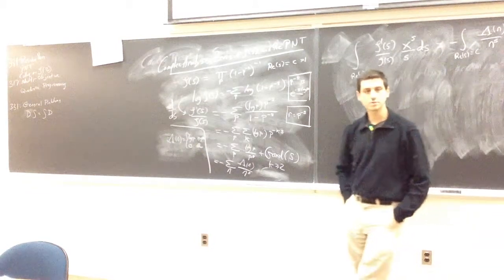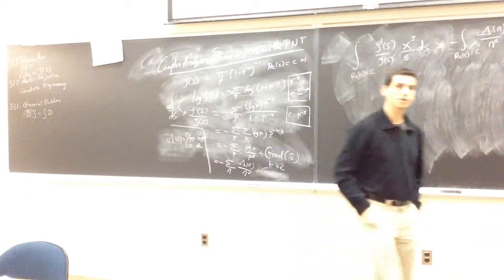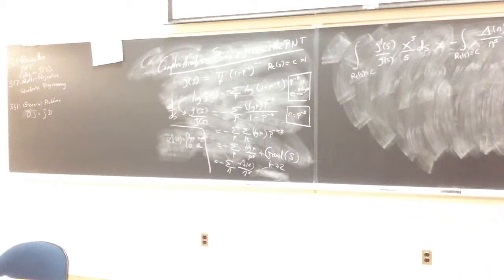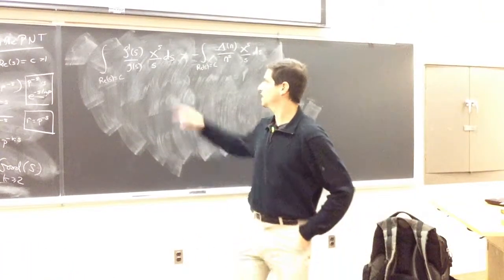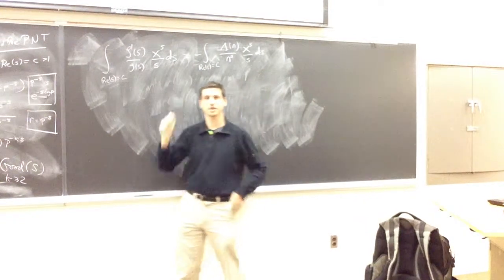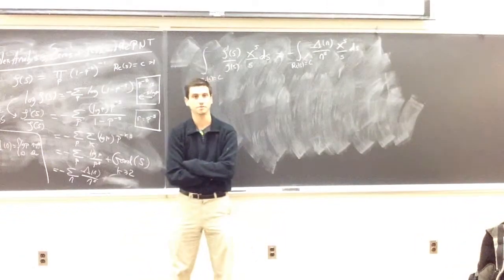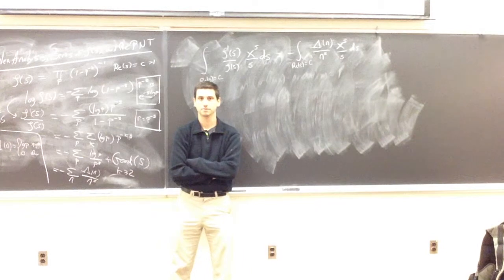Okay, so in terms of doing the integral like this, we've multiplied it by x to the s over s. Can we multiply by whatever we want when we do our integration? Can I just put in an x to the s over s?